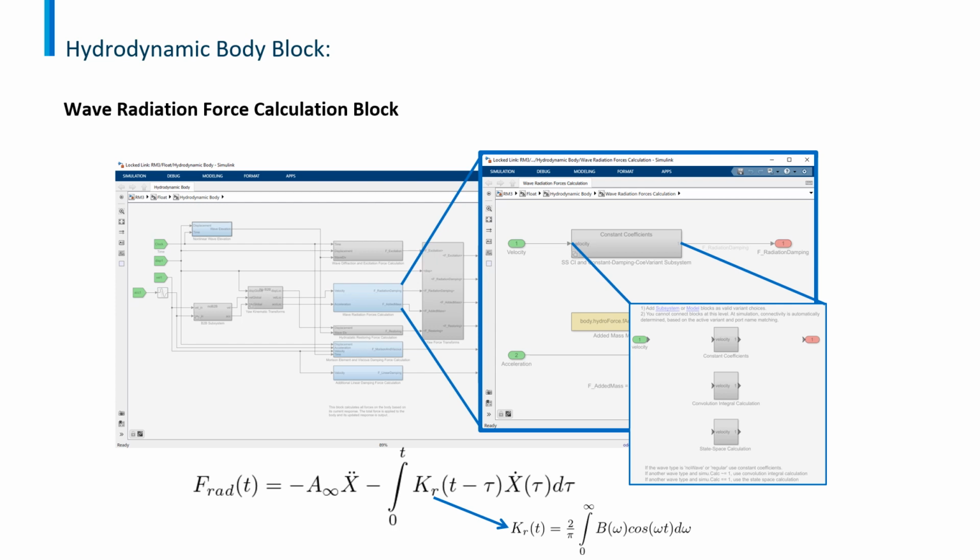Second is the case with irregular waves, where the convolution between the radiation impulse response function and the body velocity is evaluated at each time step. And third, where the state space model is used to circumvent the convolution.